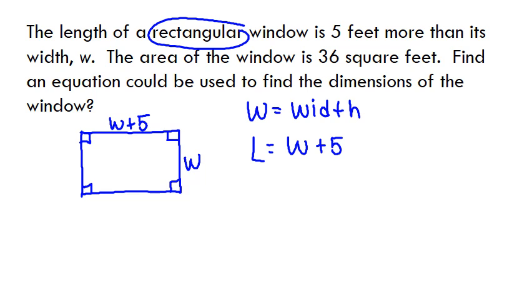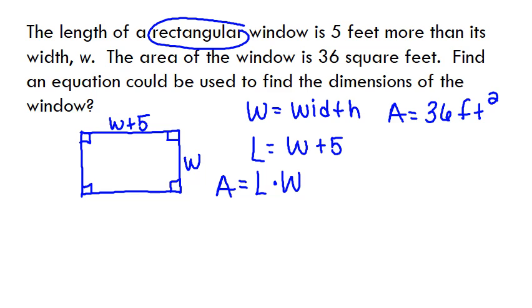The area of this window is 36 square feet. We want to find an equation that could be used to find the dimensions of the window. So we are also told area is equal to 36 feet squared. Okay, we know that the area of a square or a rectangle, whatever box type thing you're looking at, is length times width.